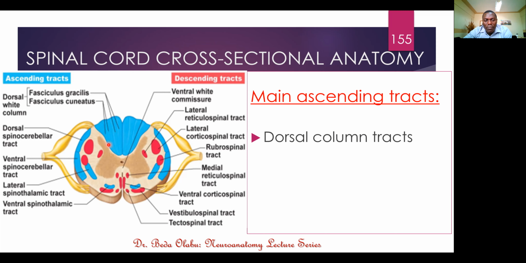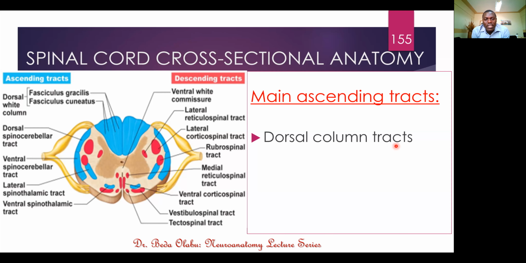Within this dorsal column, there are 2 key tracts: fasciculus gracilis and fasciculus cuneatus. The term fasciculus means tract, and we had defined that tract some time back during our introduction.